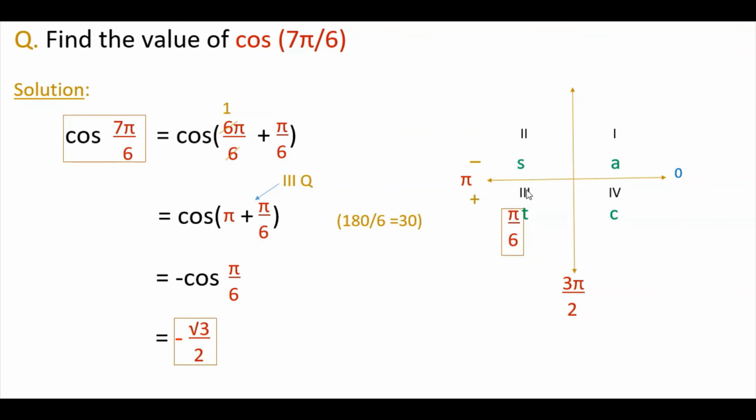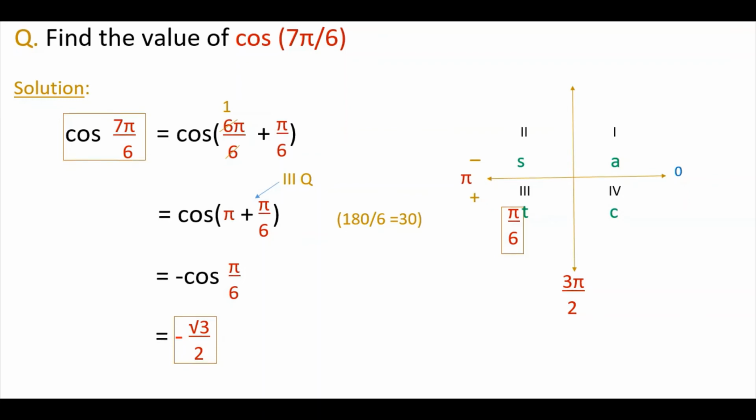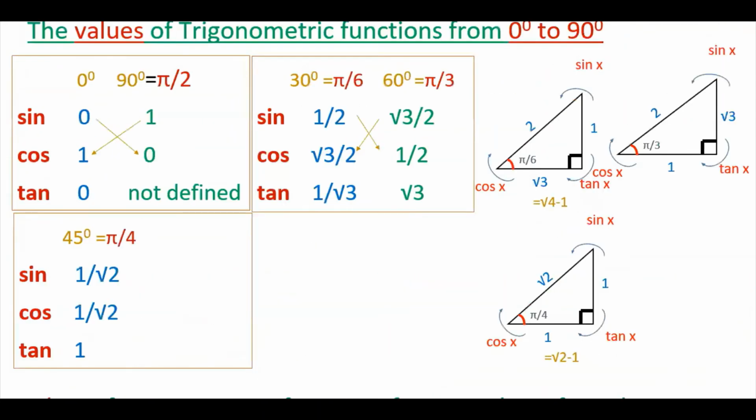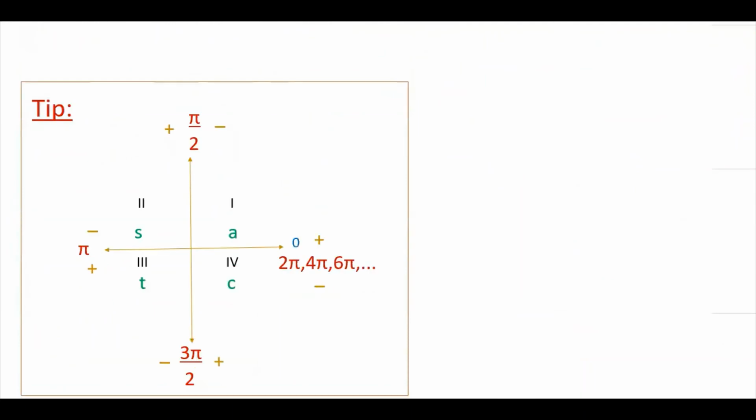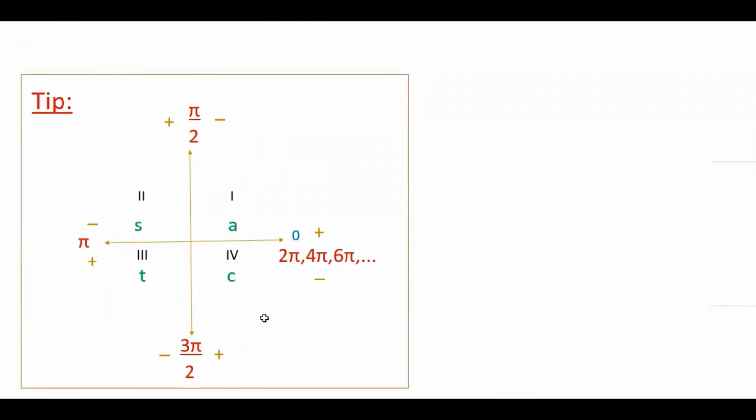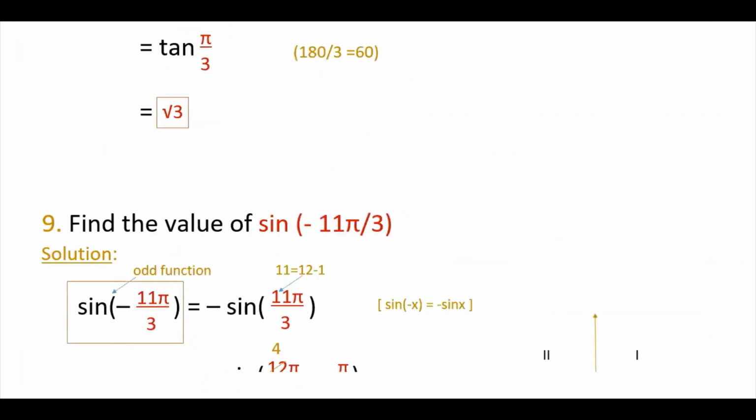This angle is in the third quadrant. π plus means you have to use the tip I have already told you. Just check that tip. This tip you have to use with signs.